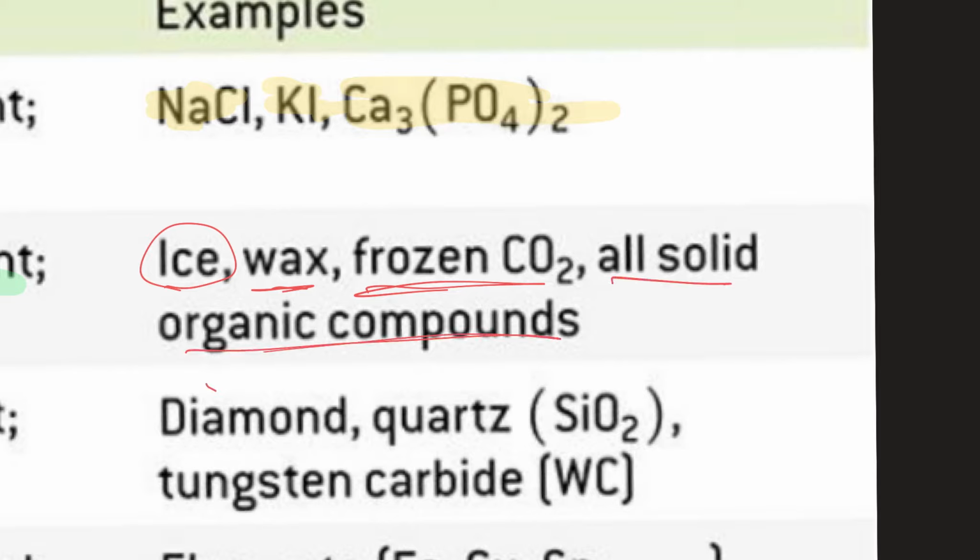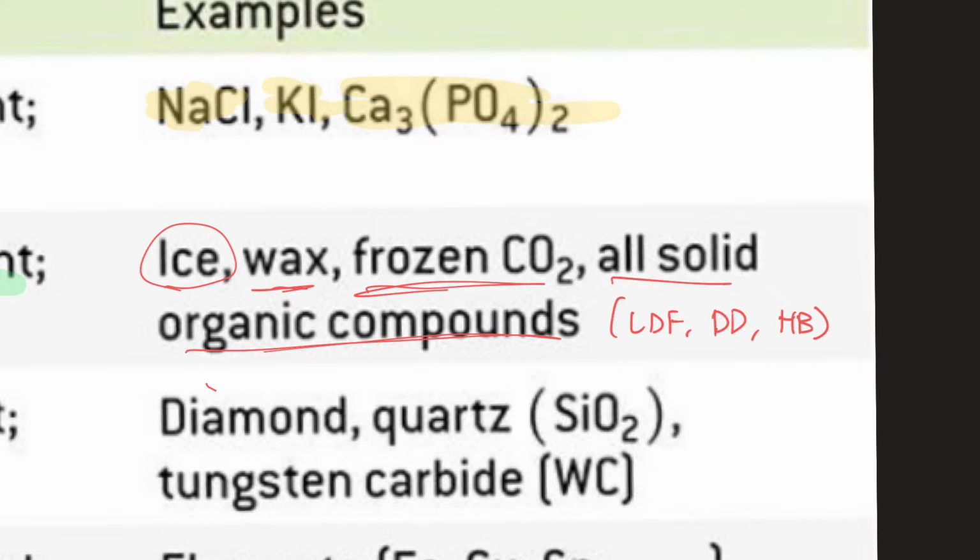If it's a solid organic compound, the molecules are bonded together by intermolecular forces, particularly London dispersion force, dipole, and depending on the organic compound, it could also be hydrogen bonding. And so all in all, it's intermolecular forces that keep them together.